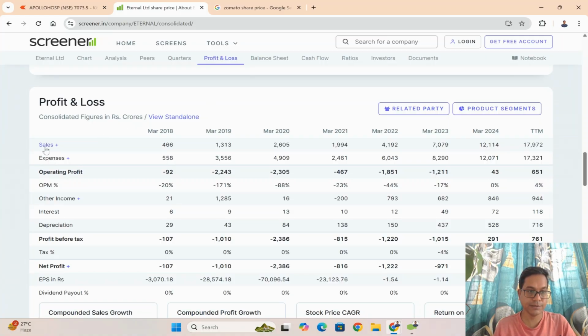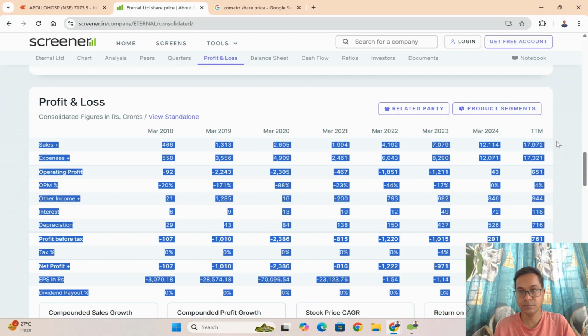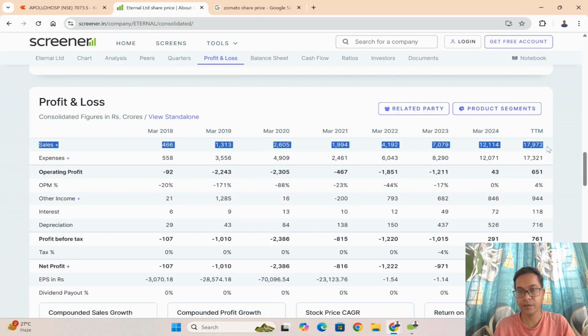First this line, sales. If you look at the sales in 2018, it was 466 crores, then 1313, then 2605, 11994, 4192. So it is increasing, right? Is this enough to invest in a company?